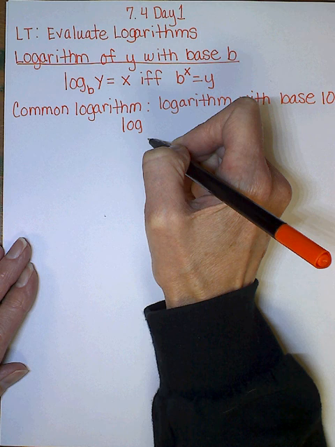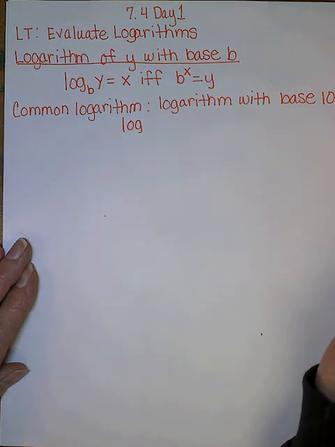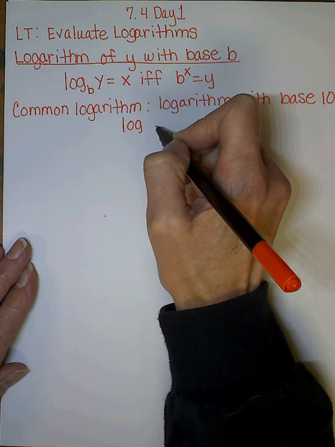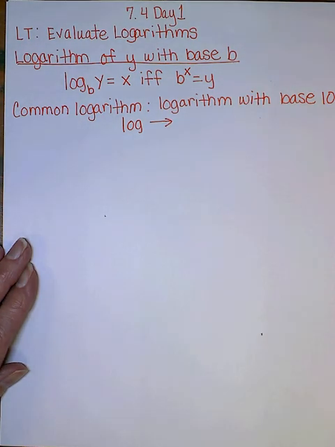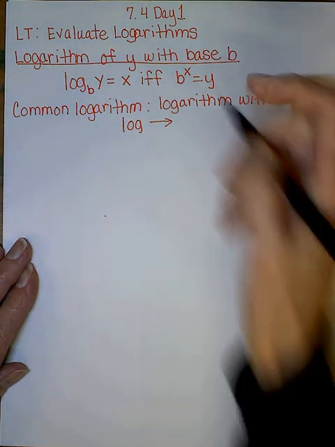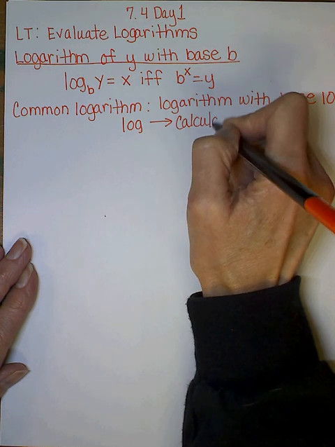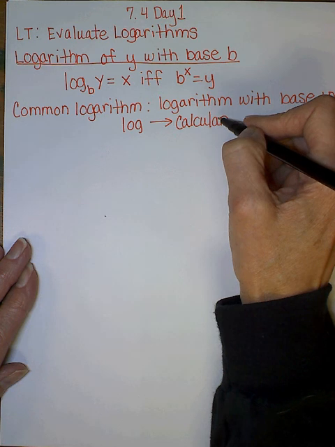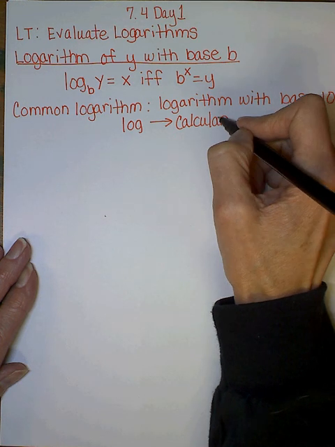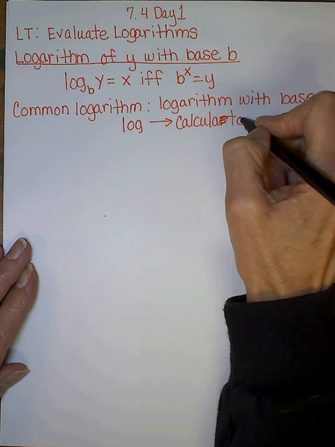If you see L-O-G, you know it's the common logarithm and it has base 10. This is also a button on your calculator. And on your calculator, it just looks like L-O-G. But anytime you see, oops, I misspelled calculator again. I don't know why I like to do that, but let me fix it here.